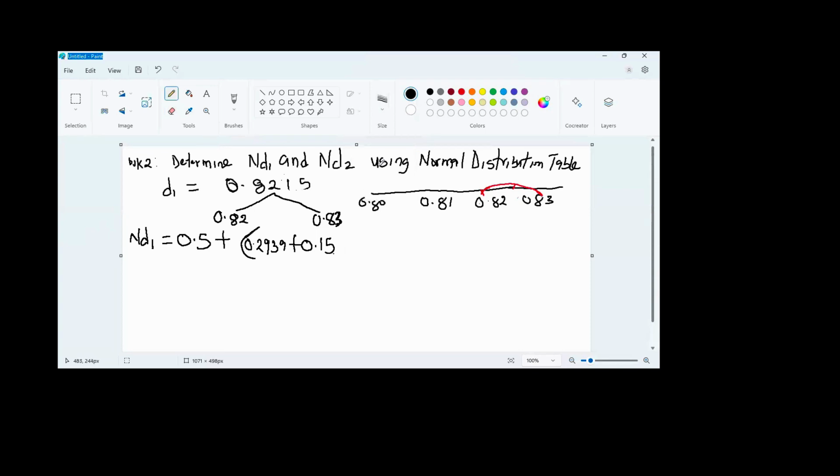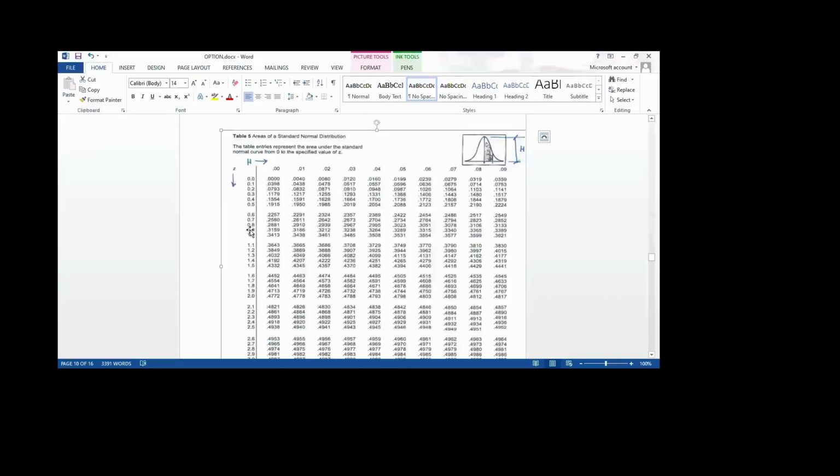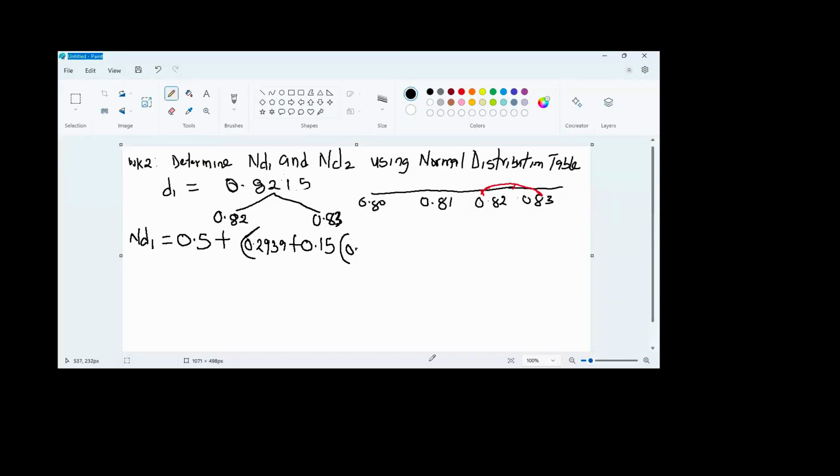Now, when you are done with this, open another small bracket. You have checked the lower band, 0.82, because this number is between these two. Now go and check 0.8 under 3 in the log again. That gives me 0.2967.